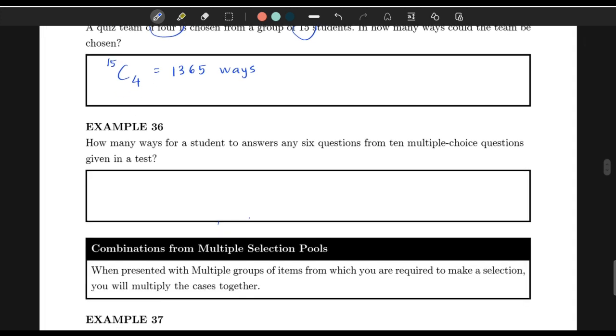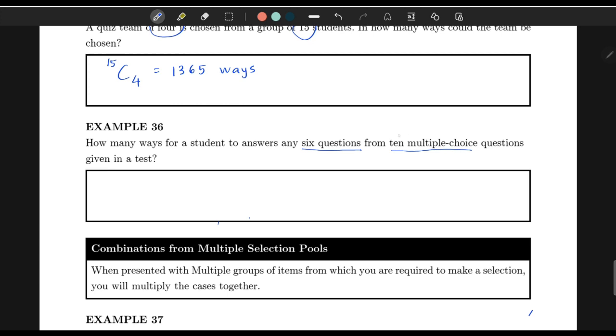Next, example 36. How many ways for a student to answer any 6 questions from 10 multiple choice questions given in a test? Now, a student wants to answer 6 questions from 10 multiple choice questions.